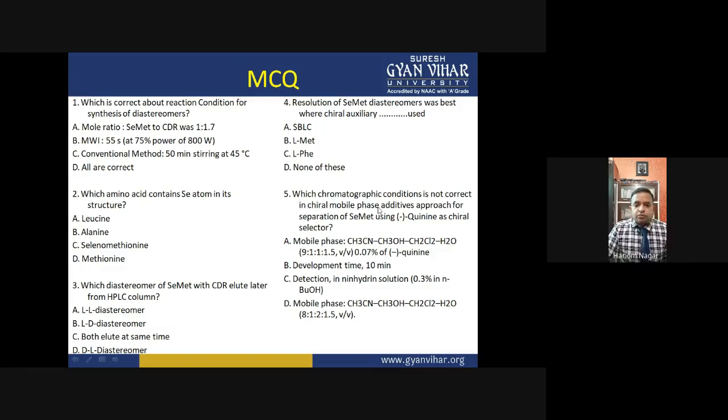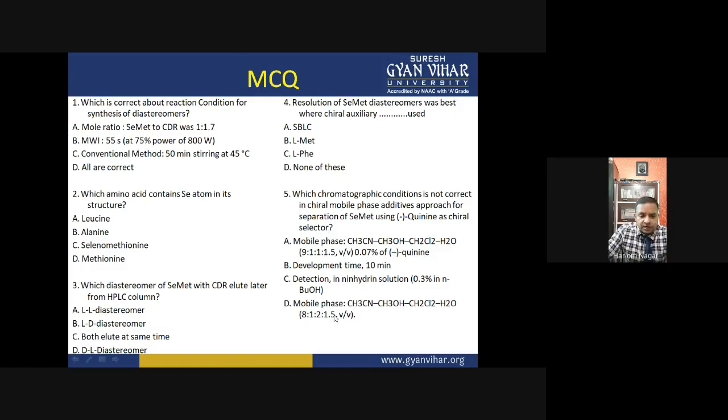Which chromatographic condition is not correct in the chiral mobile phase additive approach for separation of selenomethionine using quinine as chiral selector, when TLC was performed with the chiral mobile phase additive approach? In this case, the mobile phase used was this, development time was 10 minutes, and detection was made with ninhydrin solution.